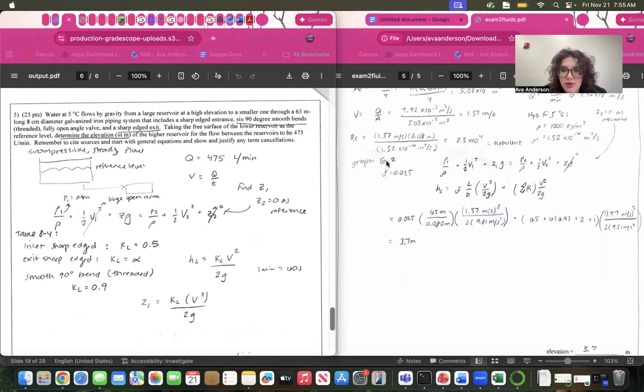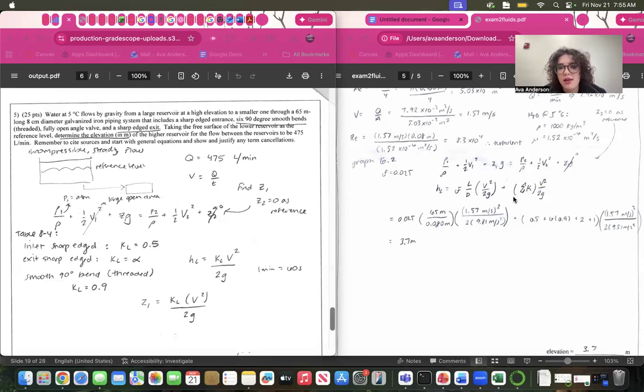Using the chart from graph 6.2 in the handout, you can find the friction coefficient, not the friction factor, is 0.025. And using Bernoulli's, you can simplify this down again to find the head loss, which is the friction factor multiplied by L over D times V squared over 2G.